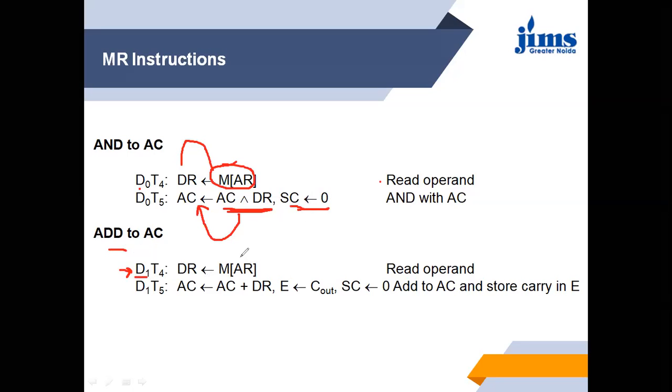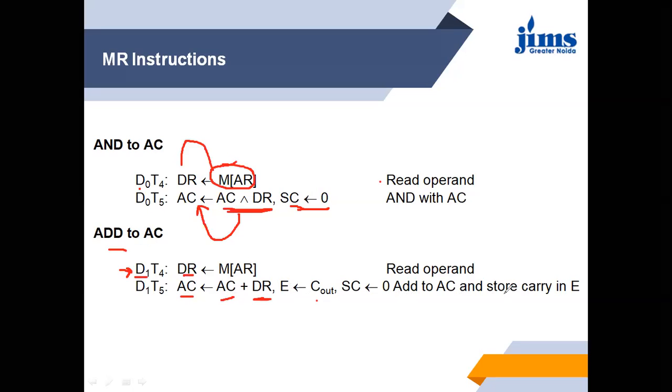So it puts the content of this memory into the data register, then adds the content of the data register to accumulator, and puts the result in AC. Then whatever the value of C out is, that is sent to E, and SC is 0.